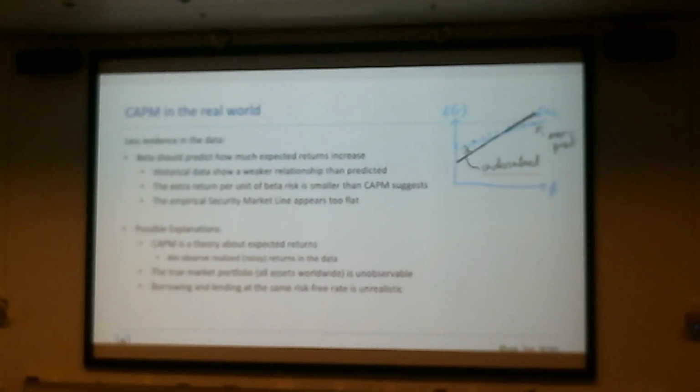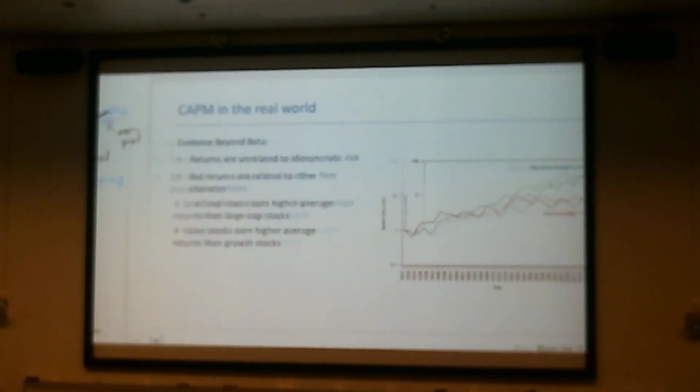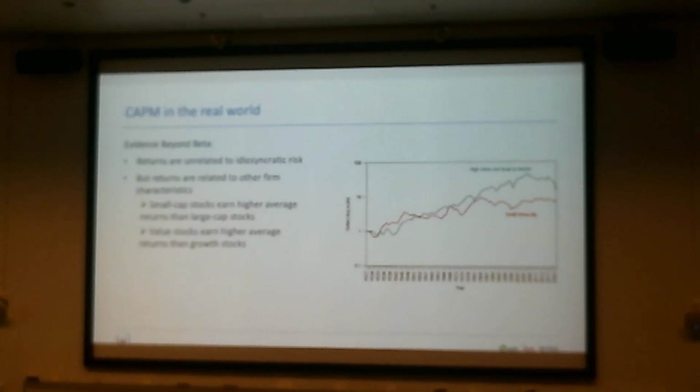All right. And then I think this is where we left off last week. And then there's another thing that is a little bit outside what the CAPM is predicting. Because in general, the CAPM says that returns are unrelated to idiosyncratic risk. So all that we care about is systematic risk.